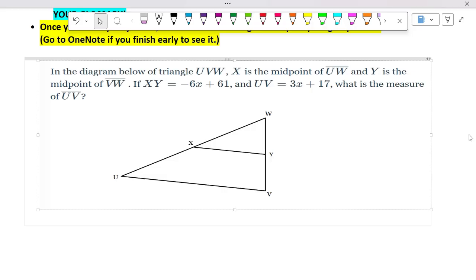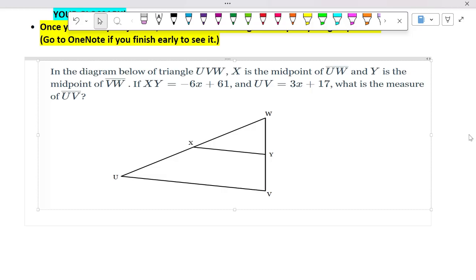Besides Owen. That's negative 6x plus 61 equals 3x plus 17. Close, but not quite. So that's part of it. So negative 6x plus 61 is equal to 3x plus 17, but something's missing. What's missing?